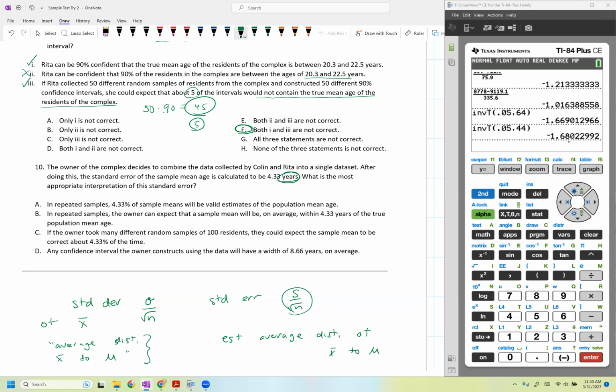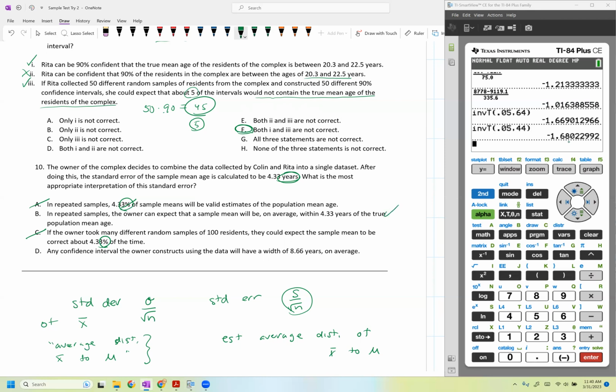So in answer A, they're changing 4.3 into a percent. Well, percent is not the same as years. That percentage there and there make those answers incorrect. In repeated samples, the owner can expect the sample mean to be on average within 4.33 of the true mean.